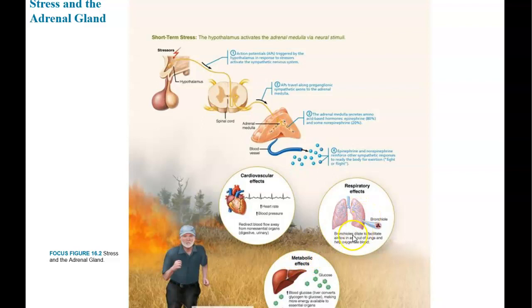And that's also obviously going to help oxygenate the blood. For metabolic effects, there's going to be an increase in blood glucose levels because the liver is going to convert glycogen to glucose, so that the body can have more energy available for use.